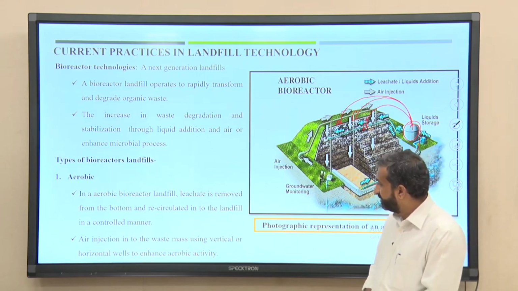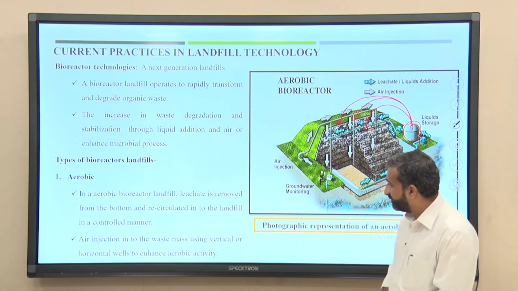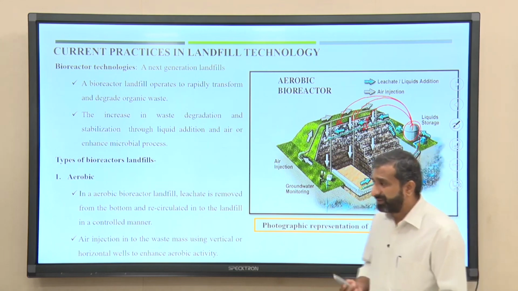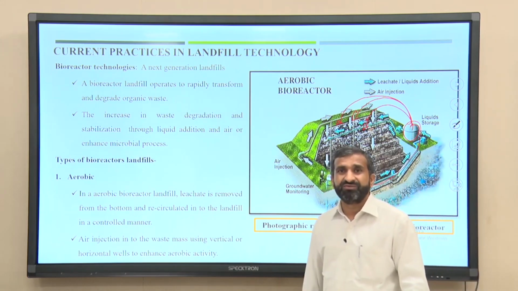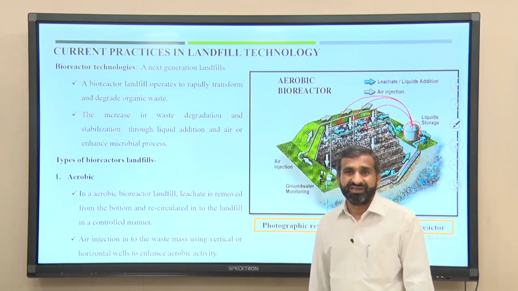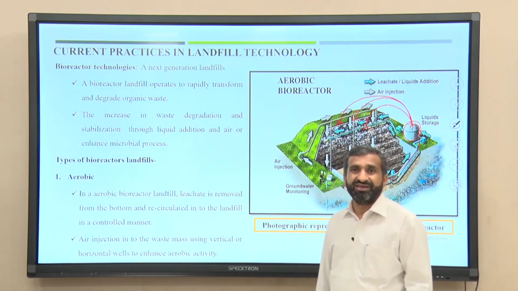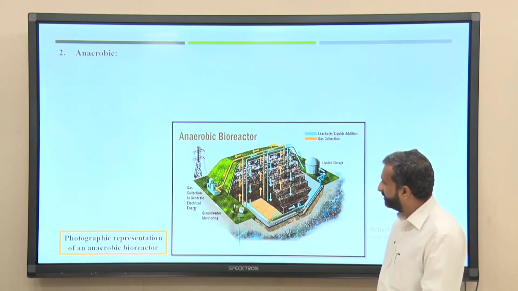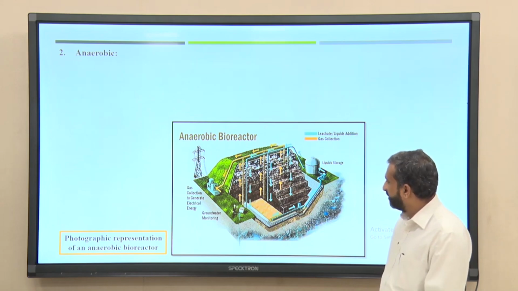Air is injected into the waste mass using vertical and horizontal wells to enhance aerobic activity. But again, when you say aerobic, you require energy to inject the air into the landfill area. Then this thought came: why not go for anaerobic, simple anaerobic.